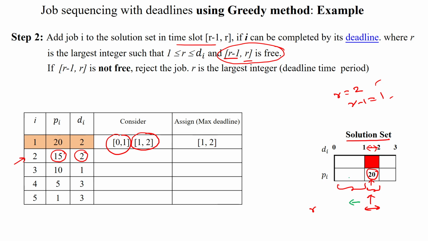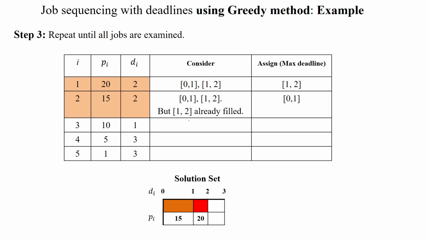Is it free or not? Yes, it is free. If it is free, then we can add the second job, the 15, into the first slot 0 comma 1. So in 0 comma 1 we assign the profit 15.